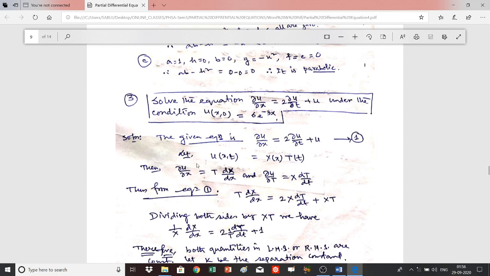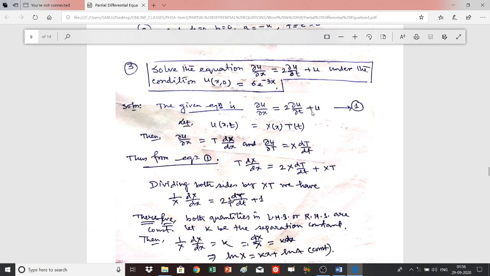Now calculate here del u del x, that is here, and del u del t, that is this. Now substitute this in the mother equation, that is in this partial differential equation.